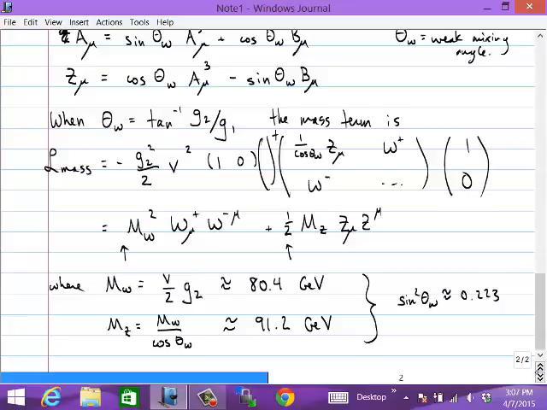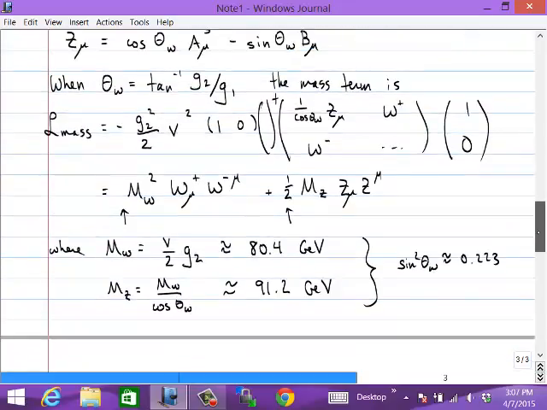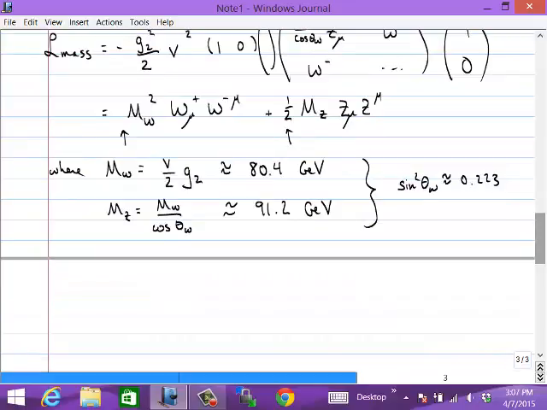So maybe I can just summarize here. What we started out with was a Higgs field phi with 4 degrees of freedom. And we had 4 gauge fields.